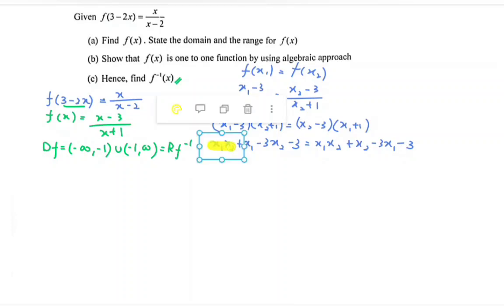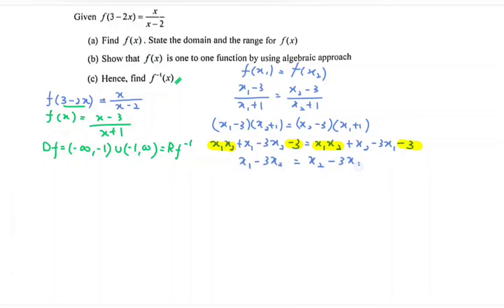Notice that we have the same element in here, so we will have 0. Same element for this part. Again, we will have 0. So at the end, the simplest one would be x1 minus 3x2 equals x2 minus 3x1. So kindly rearrange the situation.